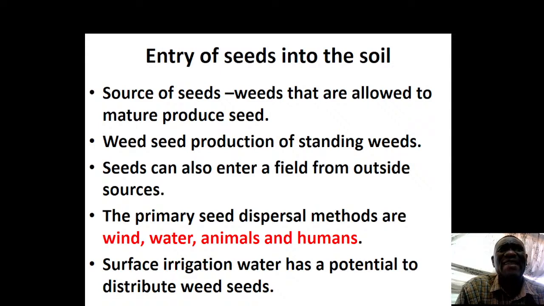Seeds can enter a field from outside sources, and the primary seed dispersal methods could be wind, water, animals, and humans, which we have already discussed. Surface irrigation water is also a potential way to distribute weed seeds.